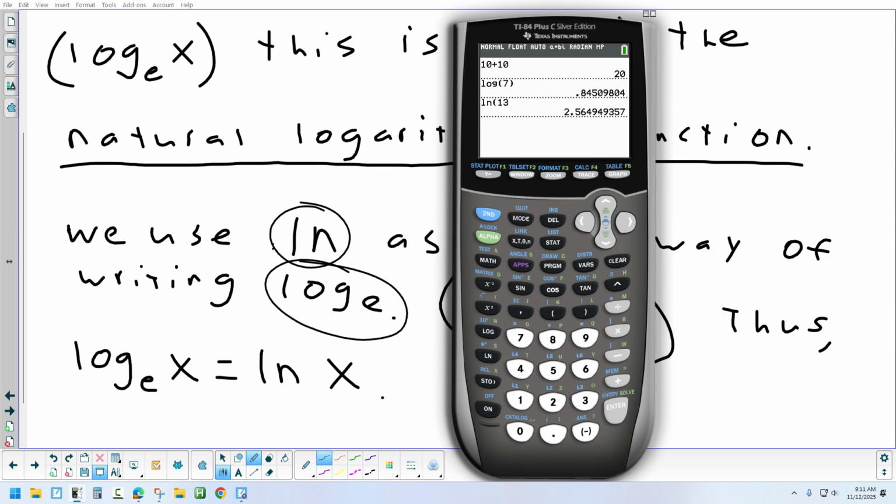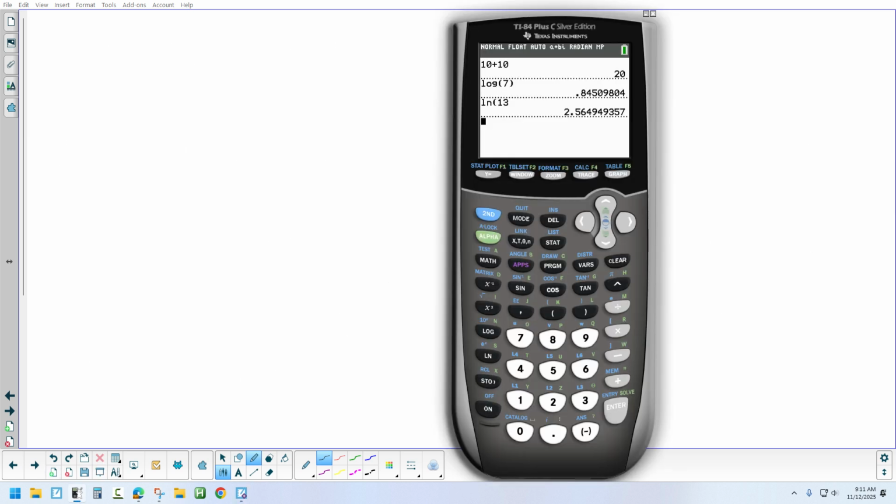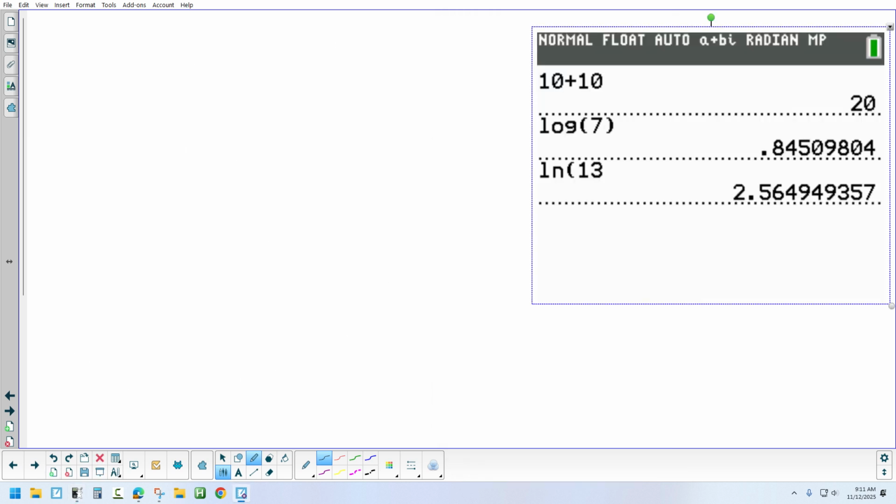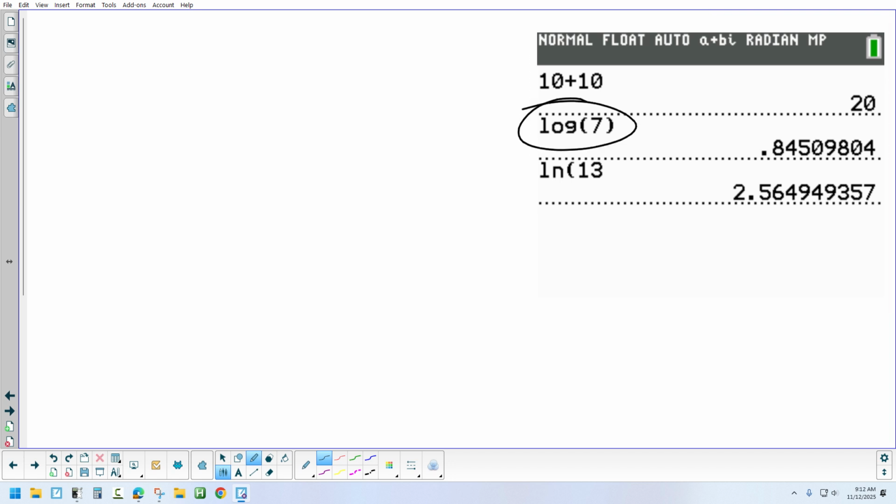That is something. It's the answer to some kind of equation. What's the base on that log? Even though it's not written, we talked about what it is. It's 10. Base is a 10.